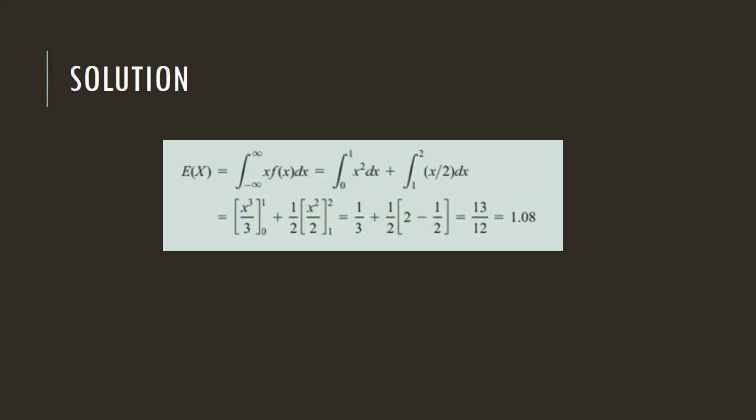When we integrate x squared, we have x cubed over 3 evaluated between 0 and 1, plus when we integrate x over 2, we have 1/2 times x squared over 2 evaluated between 1 and 2. And that is equal to 1/3 plus 1/2 times the quantity (2 minus 1/2), which is equal to 13 over 12 or 1.08.